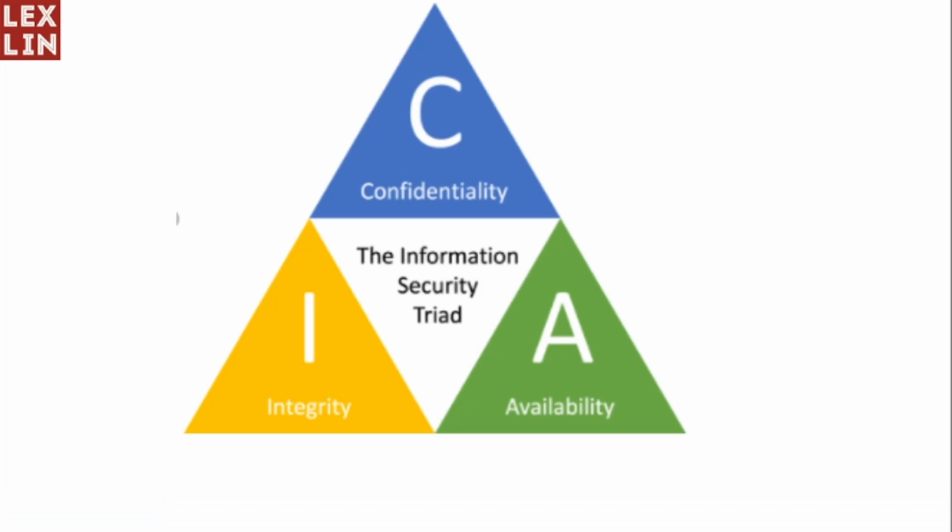Today we're talking about the CIA triad in cybersecurity. This is the pillar of the security baseline, what you want to follow when you're practicing best security standards, optimum security standards.